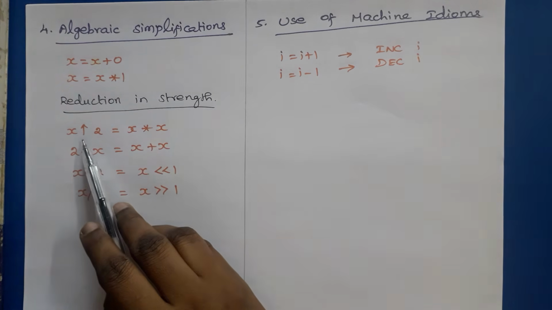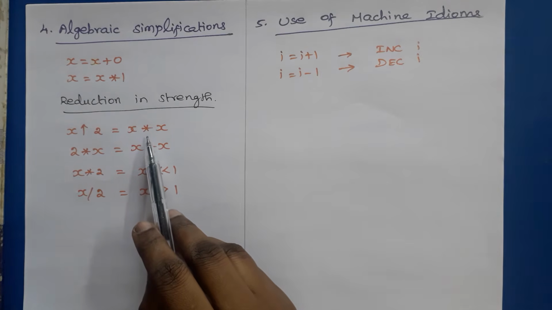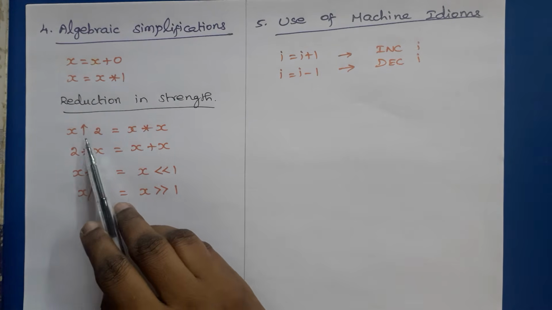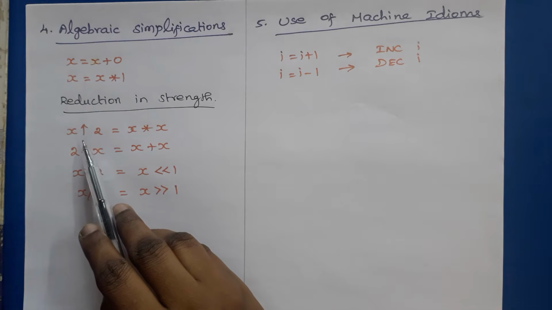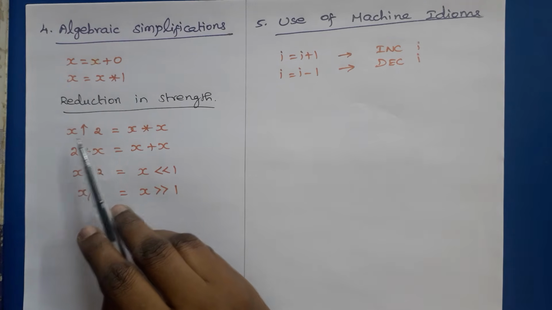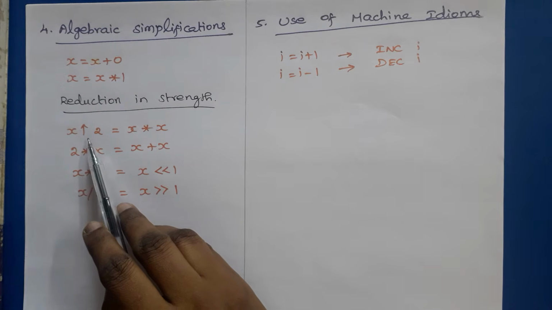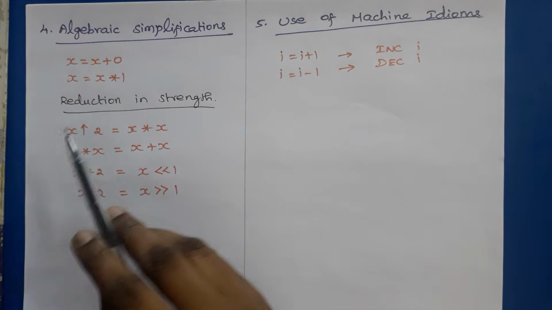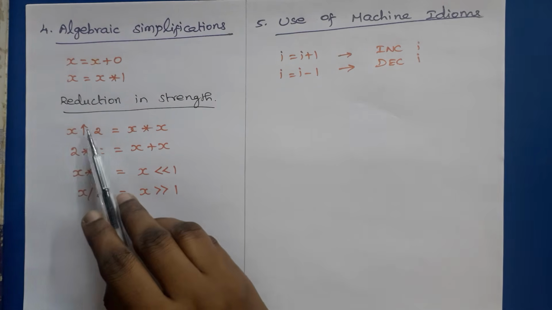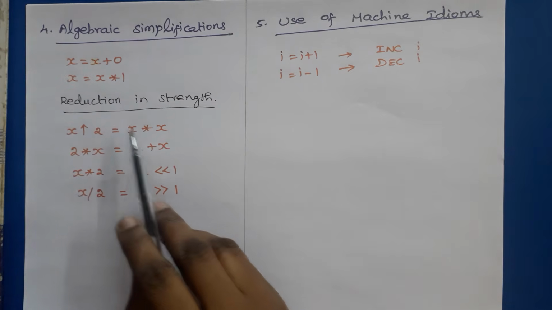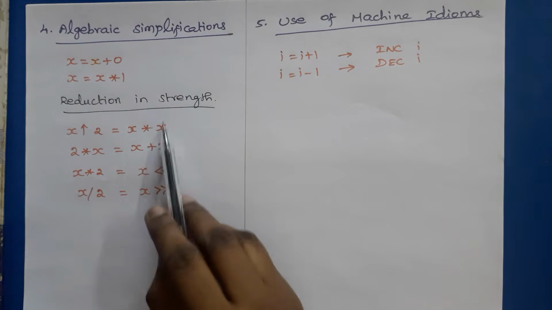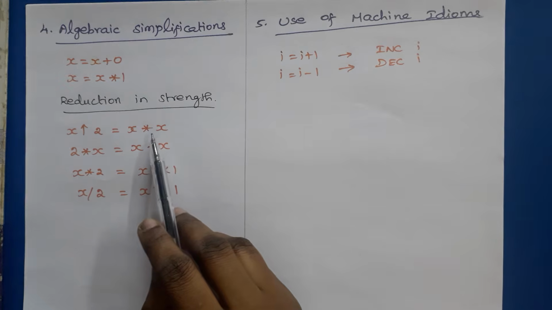That is, the exponentiation operation can be replaced by multiplication, because to perform an exponent operation we need to call a separate function. The pow function should be called in C programming. Similarly, some function should be called for performing the operation. So instead of doing that, we can simply perform multiplication of x star x.